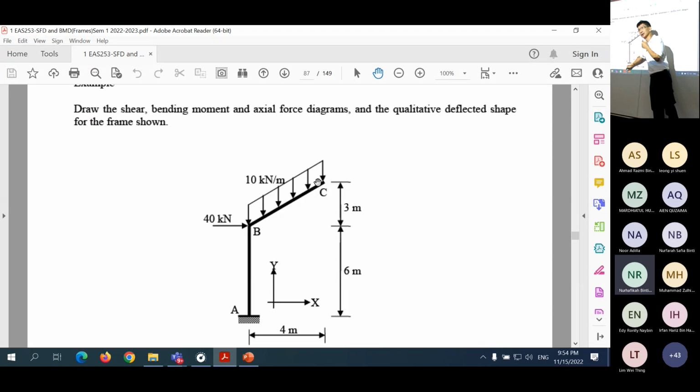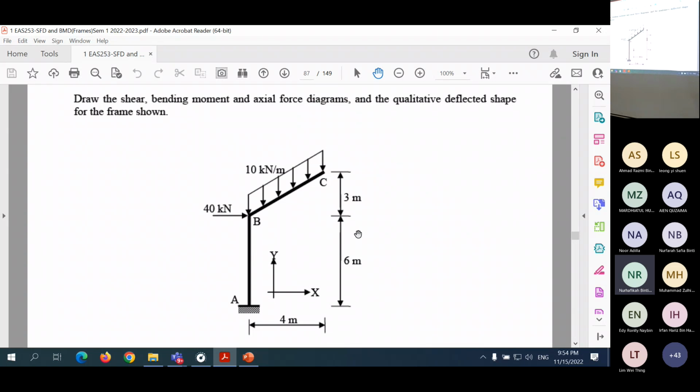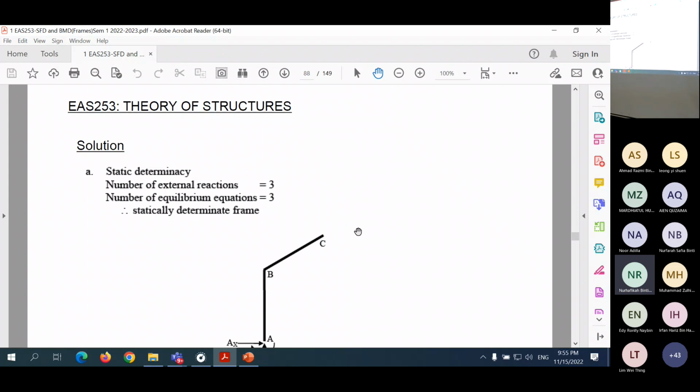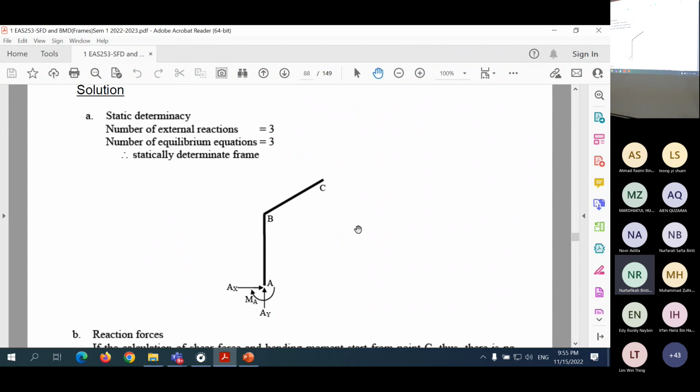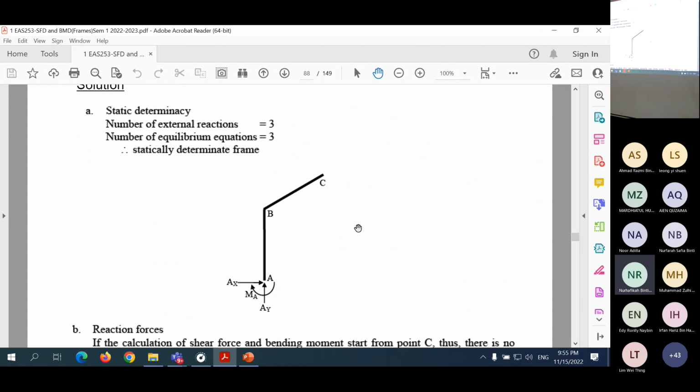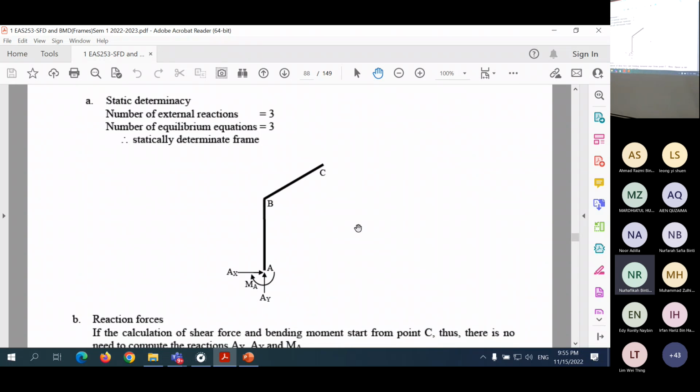This is fixed here, and the load is vertical. The load of 10 kilonewton per meter is acting vertically, but distributed over member BC. This is checking statical determinacy; you shouldn't have any problem now.